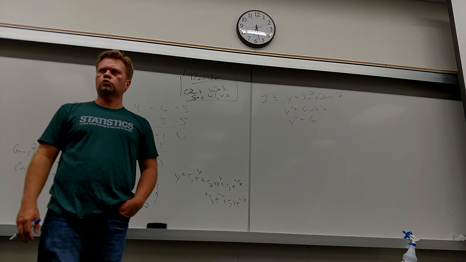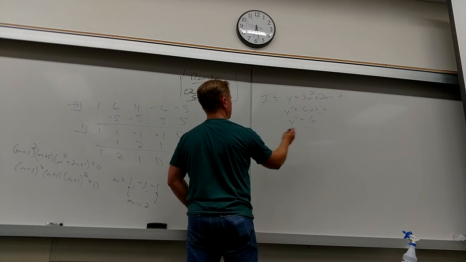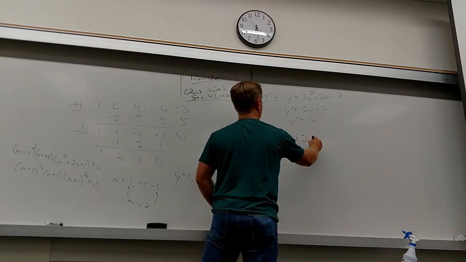Cool. So then what is y double prime minus 3y prime plus 2y?